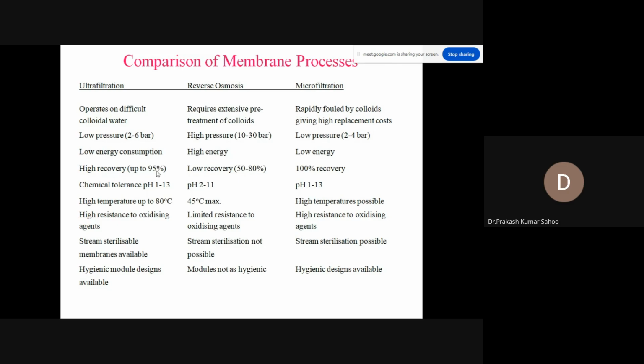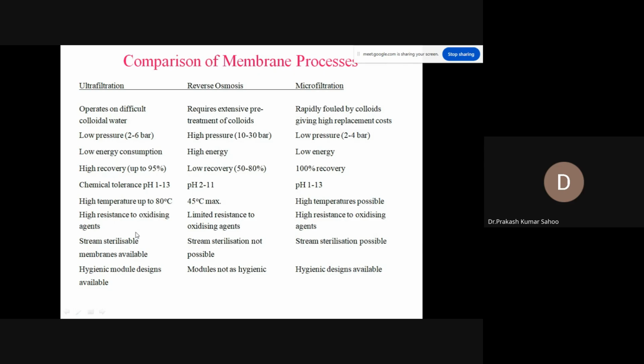Then we have the next part, that is chemical tolerance, that is the pH. The pH range for ultrafiltration is 1 to 13, for reverse osmosis it is pH 2 to 11, and for microfiltration it is maybe 1 to 10. High temperature up to 80 degrees is permissible for ultrafiltration, a maximum of 45 degrees centigrade is permissible for RO, and high temperature is possible for microfiltration.